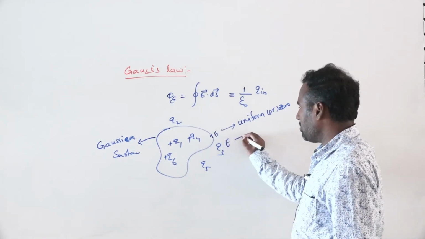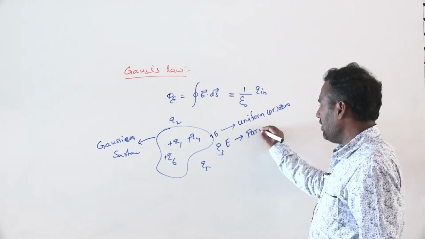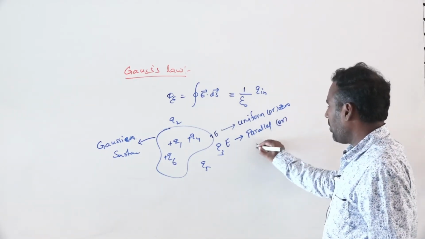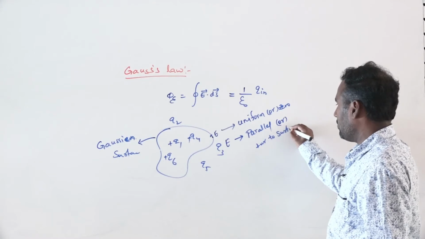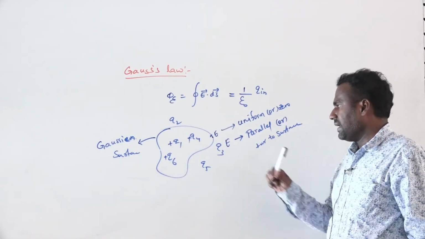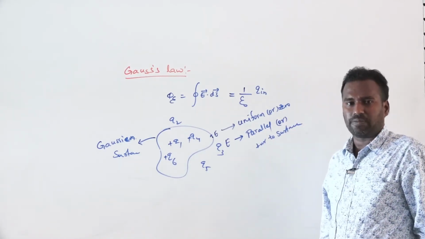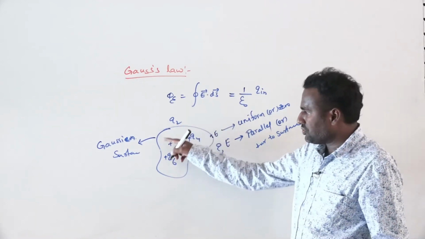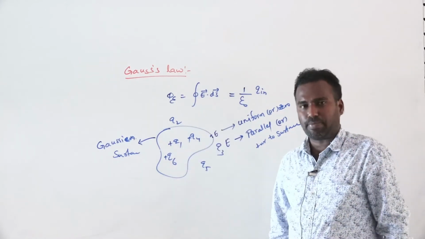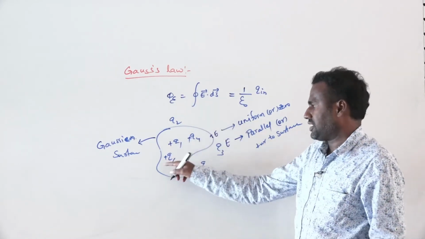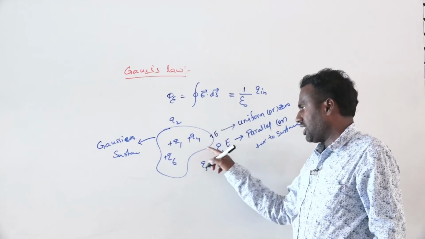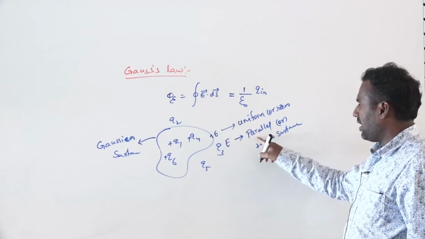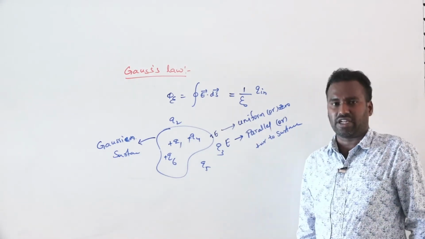And the electric field should be either parallel, that is tangential, to the surface, or perpendicular to the surface. So, when finding the electric flux, we need to choose a Gaussian surface according to Gauss law, where the electric field is either uniform or 0, and either tangential or perpendicular to the surface.